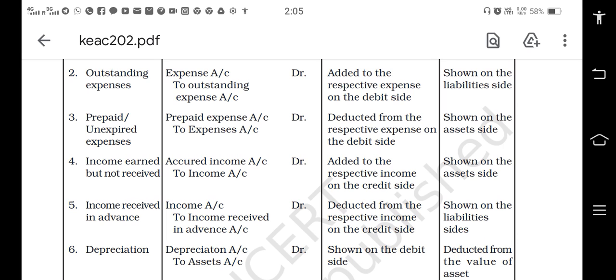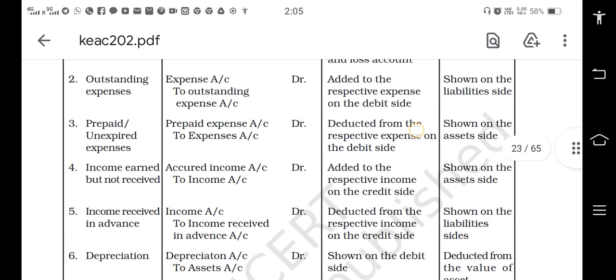And to keep in mind, we can say it like this: add outstanding, less prepaid. Outstanding expenses we have to add to the respective expense in the P&L account, and prepaid means deduct, less from the respective expense. Okay, add outstanding and less prepaid.